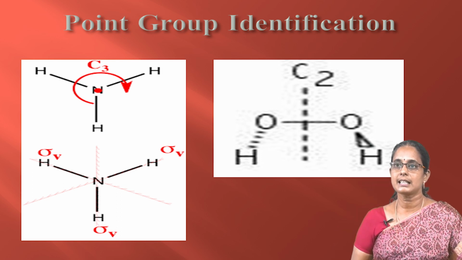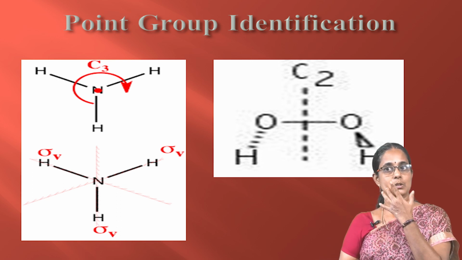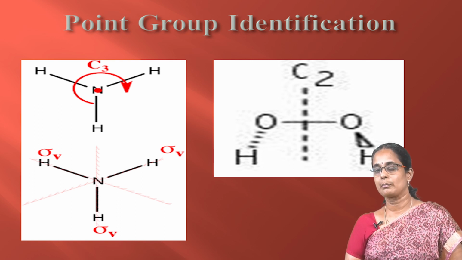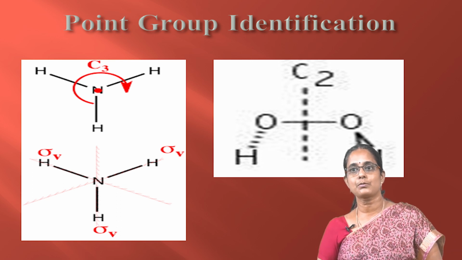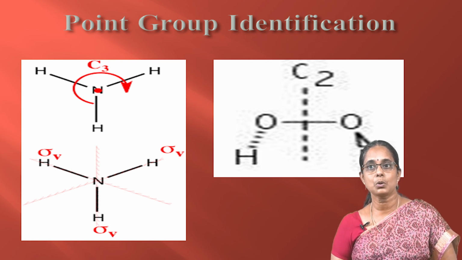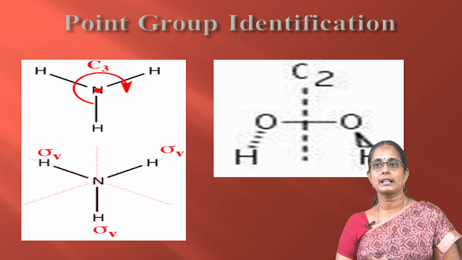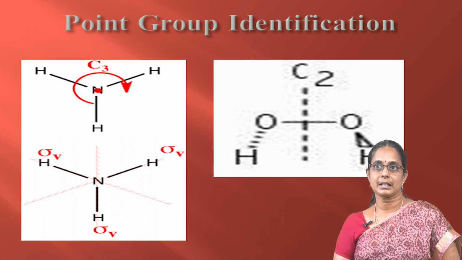Hydrogen peroxide exists in two forms, one is the cis form and the other is the trans form. Hydrogen peroxide in the cis form has the C2v point group. The conformation is important because of the center of symmetry.